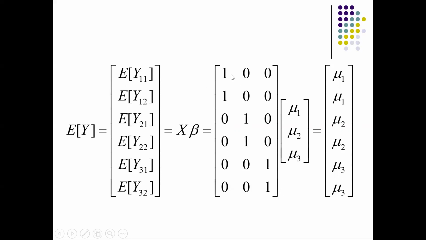So if you think about the matrix algebra for the first row, patient 1 in level 1, it's this first row times this column. So it's 1 times mu1 plus 0 times mu2 plus 0 times mu3. That's mu1. Similarly with the fifth patient, 0 times mu1 plus 0 times mu2 plus 1 times mu3, and that's mu3.